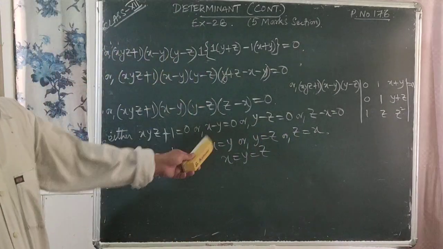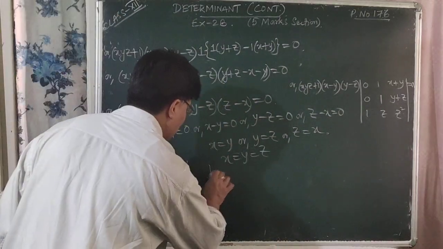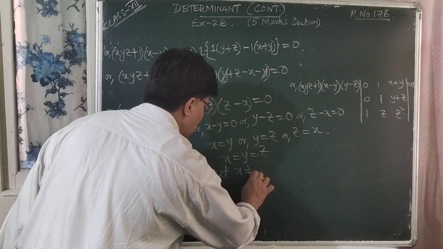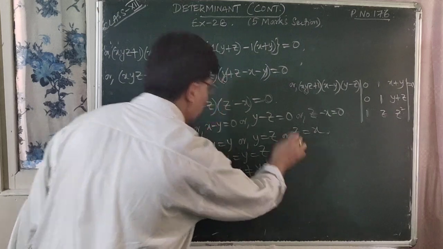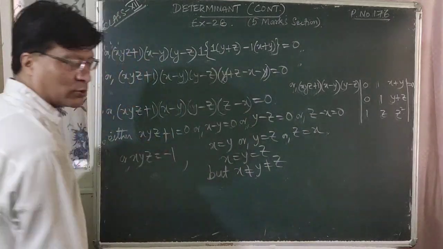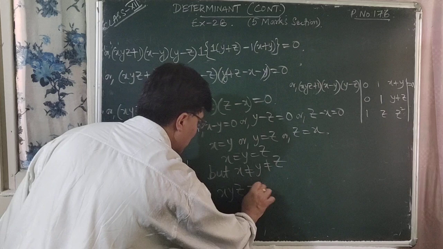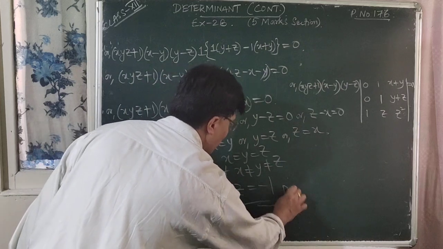But by question, what is given here? x not equal to y, not equal to z. Write down x not equal to y, not equal to z, because it is given in the question. That means which one will you take? Therefore xyz is equal to minus 1. Proved.